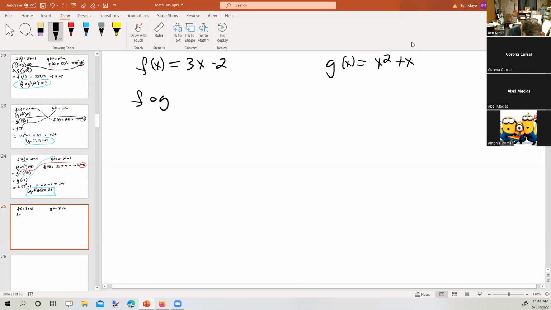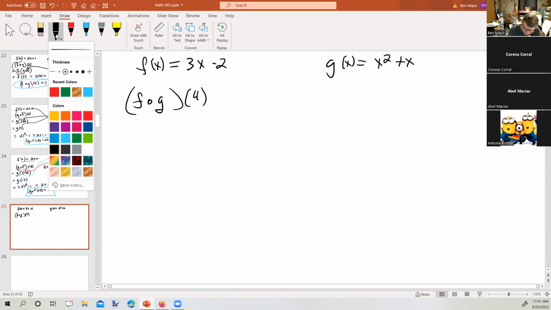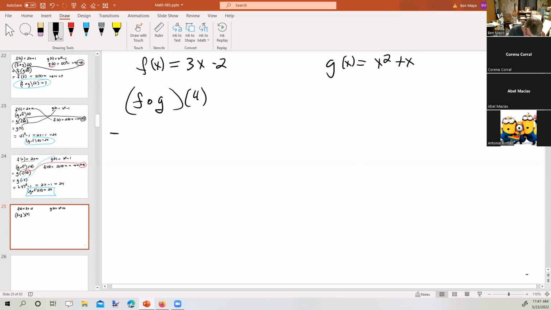F composed with g of 4. So F composed with g of 4 equals F of g of 4.